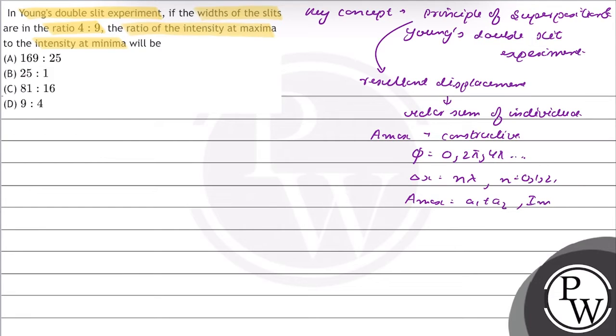So intensity maximum is directly proportional to (A1 plus A2) whole square.